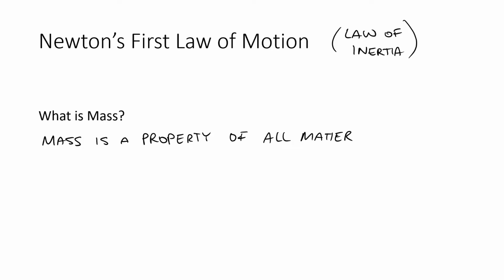So he's just sort of defining things at this point. Everything that has matter, this table, this tray, this metal scale, it's matter. It's a physical thing. It will have mass.